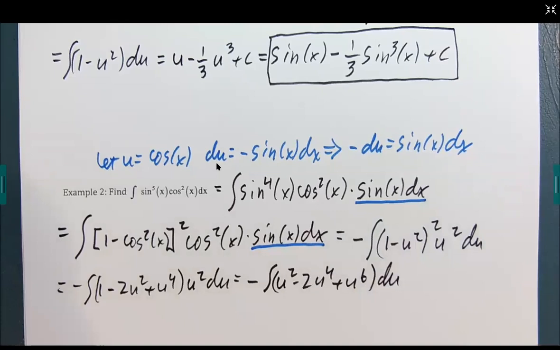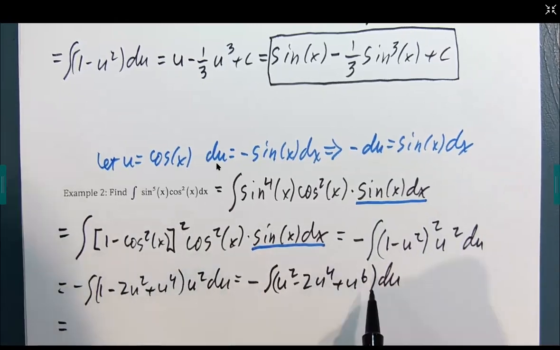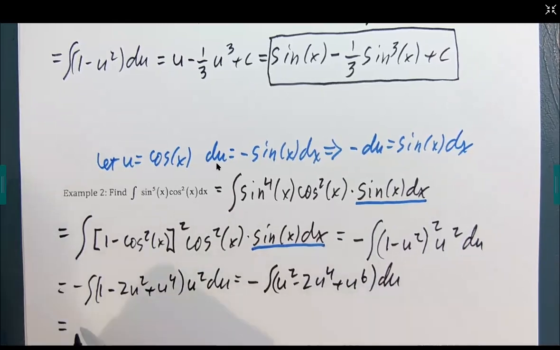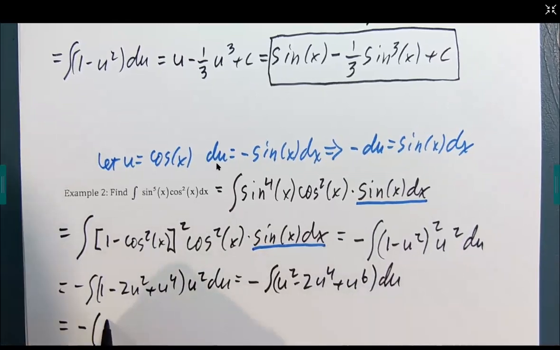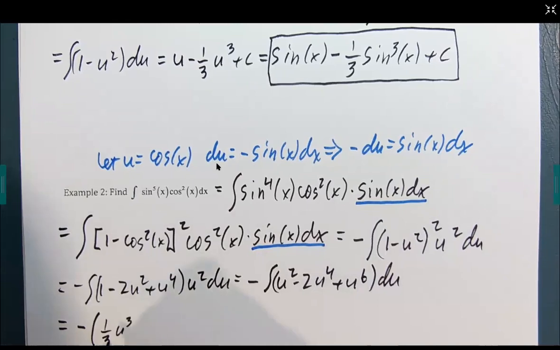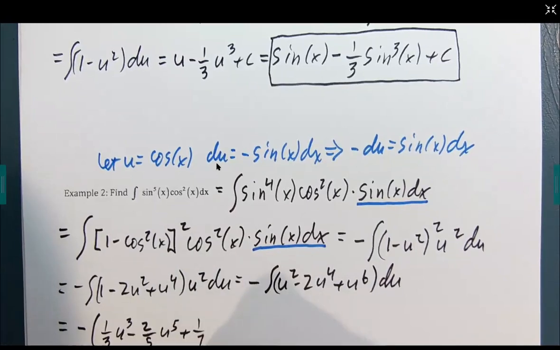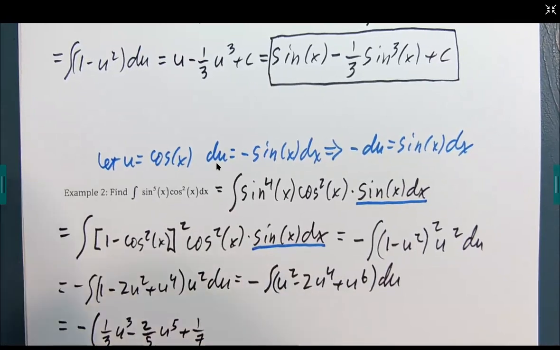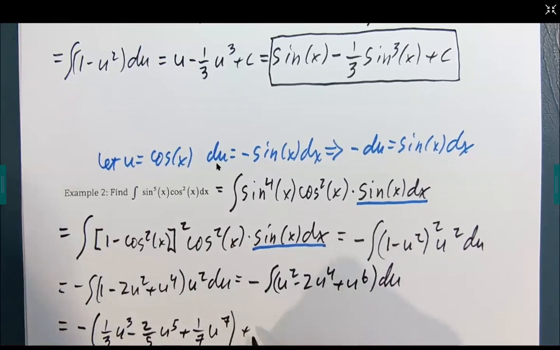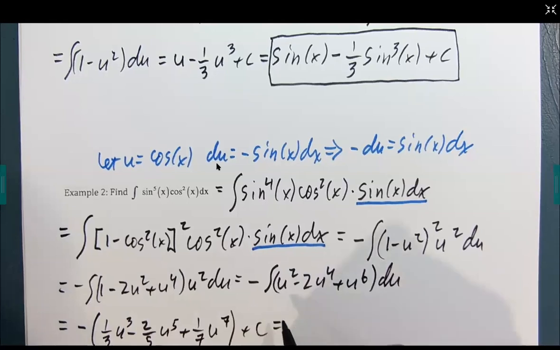And now, once again, it's just power rule. I could go distribute that -1. I'll do that all at the end. And that gives us a -1/3.